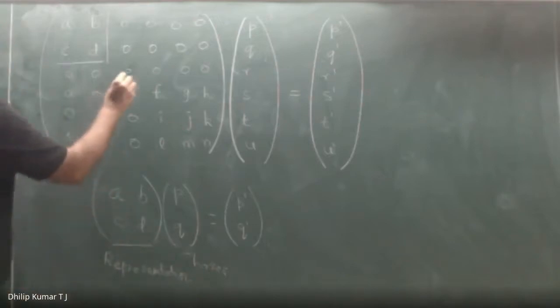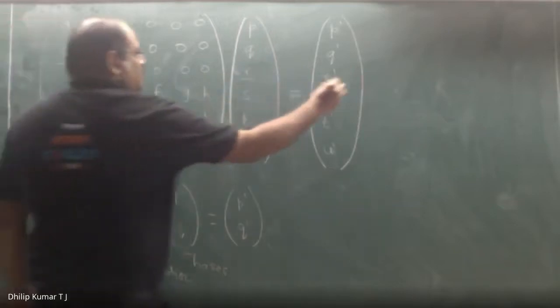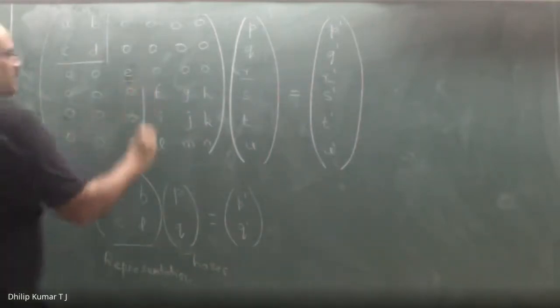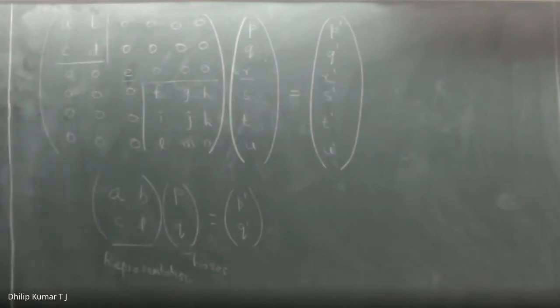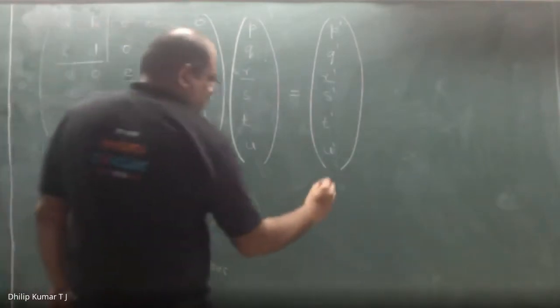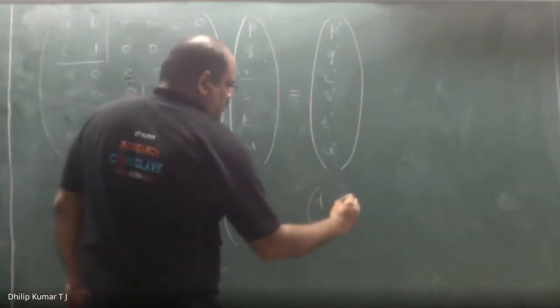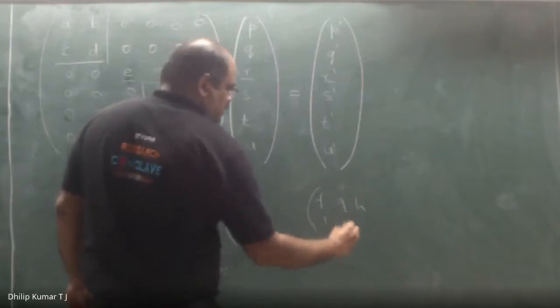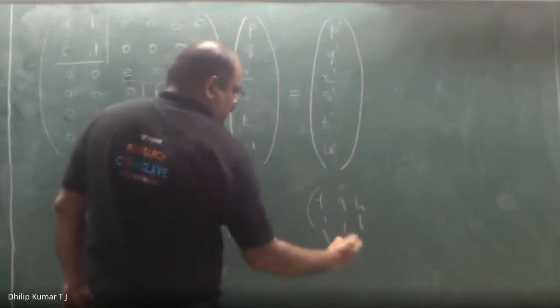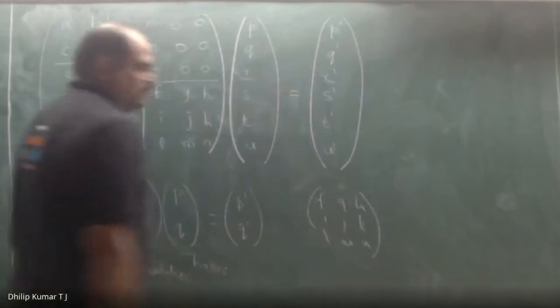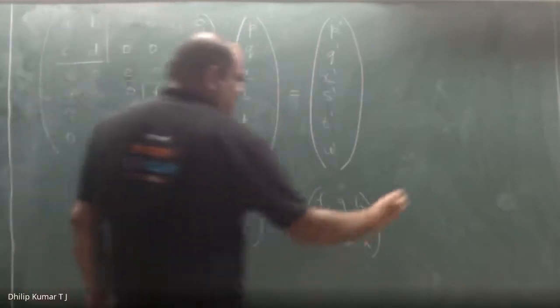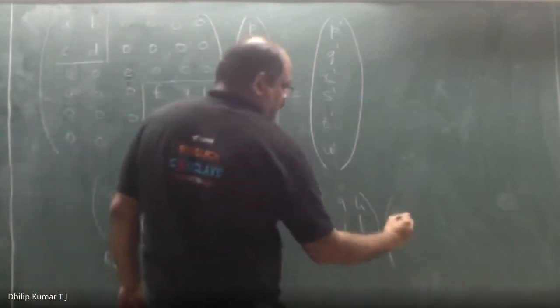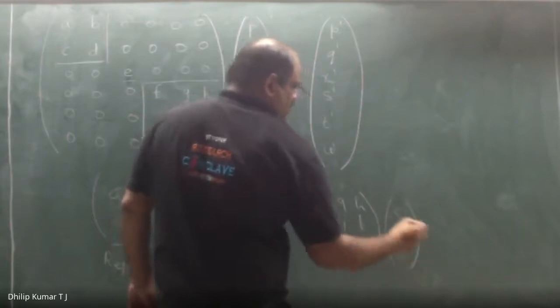Similarly, we can write E is a representation. R is a basis, and it will give the new form R prime. And here this is the matrix F, G, H, I, J, K; the element is a representation, and basis is this one, S, T, U. So this is the basis.